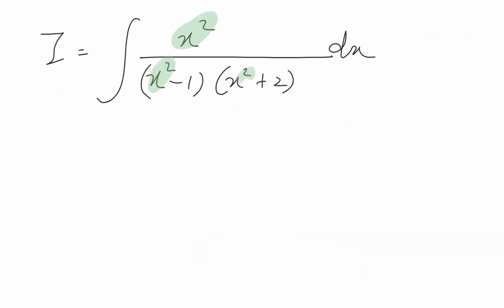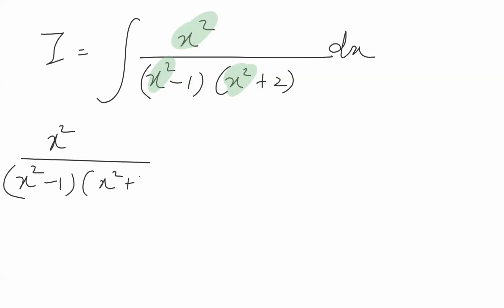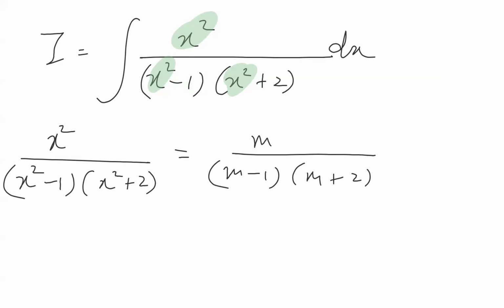So this gives us the hint that we can apply second category partial fractions over here. So x square upon x square minus 1 into x square plus 2. Let's take this x square as some other variable, let's say m, so m upon m minus 1 into m plus 2. See, we are not using the method of substitution, so I'm not using the variable t.